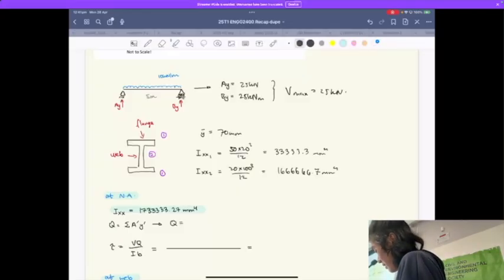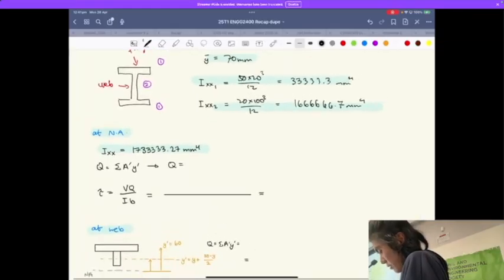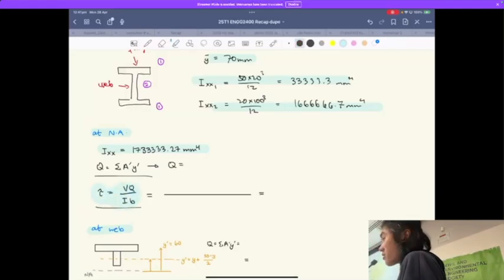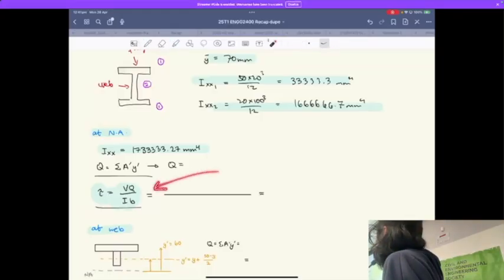These are just stepping stones because you need them in this equation. That's going to be your shear. This equation that I'm pointing at right now denotes your shear at a specific point.